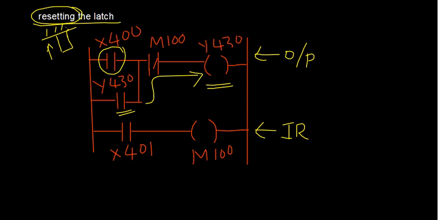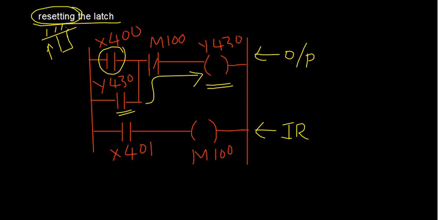The knowledge of each individual part, I mean the simple parts of the overall diagram, is very essential, right? So setting the latch or resetting the latch may appear to be simple, but when you use it as a part of a big program, you need to know all the minute operations of setting and resetting the latch. That is the reason why I always tell you to concentrate on all these things so that they are useful in our subsequent discussion, right?